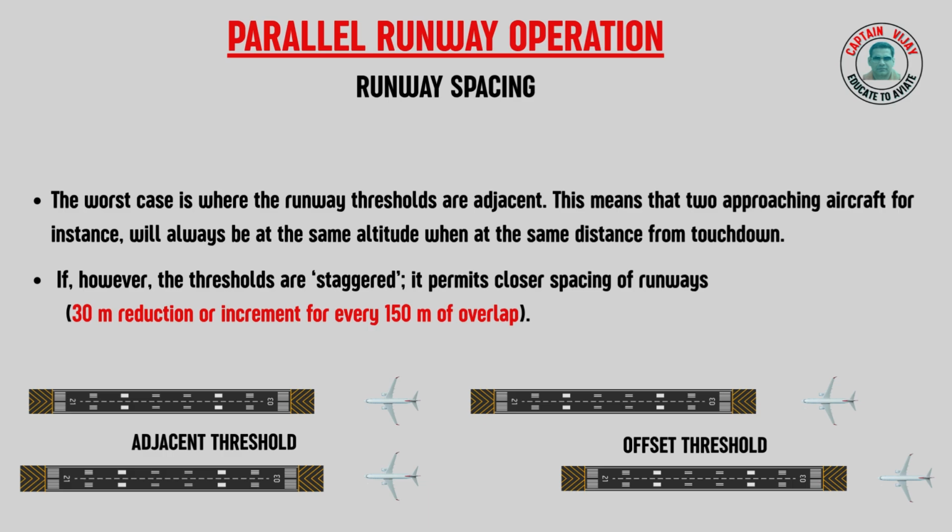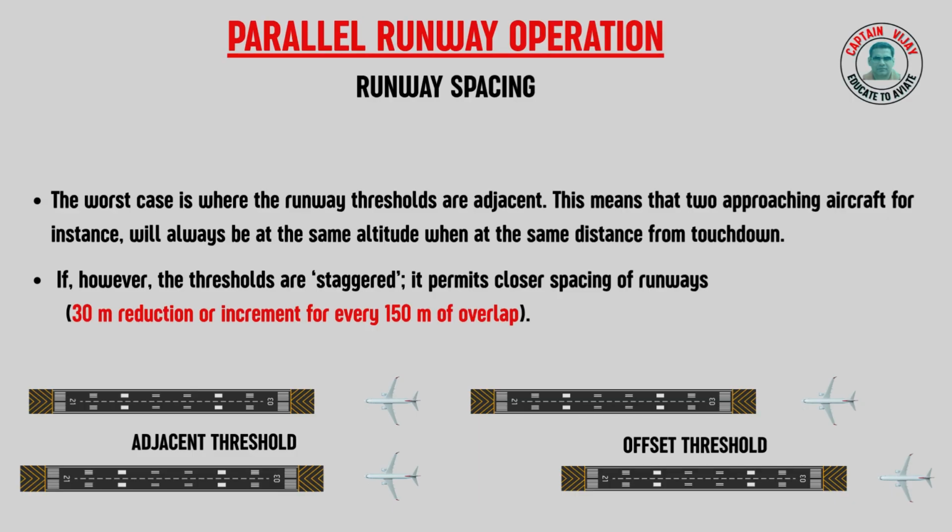Minimum spacing of parallel runways. The worst case is where the runway thresholds are adjacent to each other. This means that two approaching aircraft, for instance, will always be at the same altitude when at the same distance from touchdown. If the runway thresholds are staggered, then the distance between the runways can be reduced.